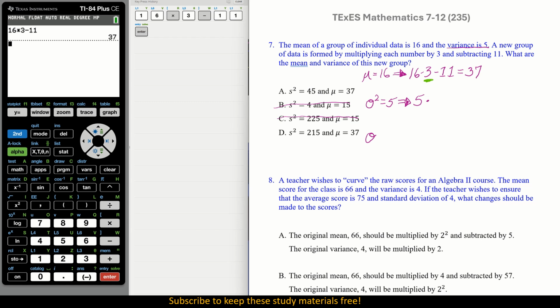Only the multiplying directly affects the variance, okay? So that is going to be 3 squared. Why? Because our variance is squared, okay? So that's going to be 5 times 9, which is equal to 45. Now, that gets us our answer of A, which is great. But let's analyze where that came from.